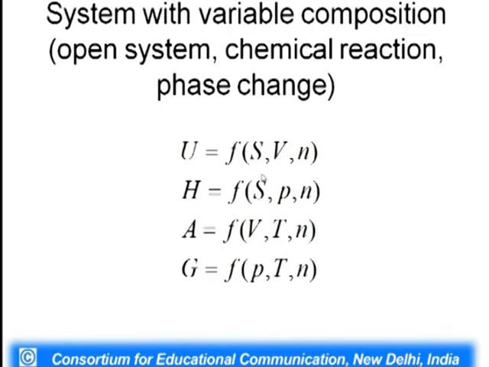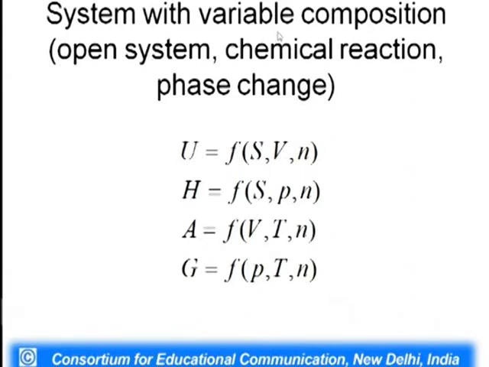Now suppose we have a system with variable composition, where composition is changing. In that case, those four equations are no longer valid, or we need an extra term which will account for dWe.